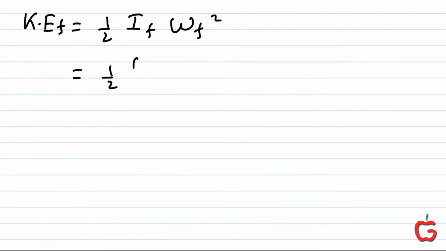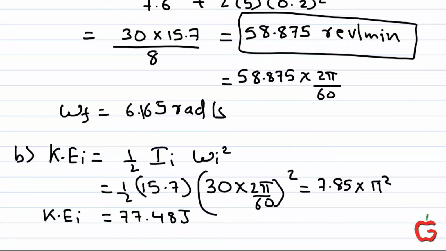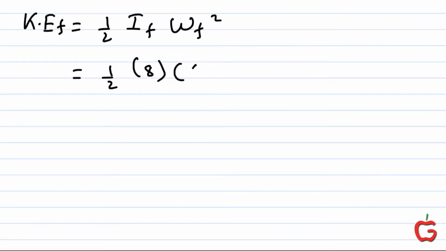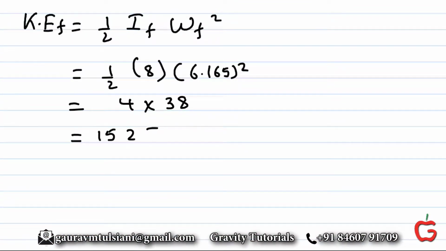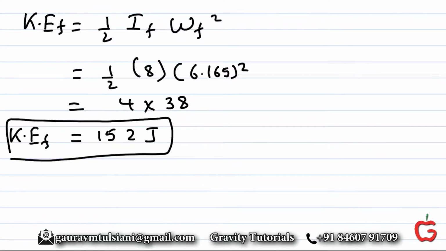So that is half of 8, and the final omega is 6.165 squared. So this gives us 4 times the square of 6.165. That's around 38. So this gives us 152 joules. So the final kinetic energy is 152 joules.